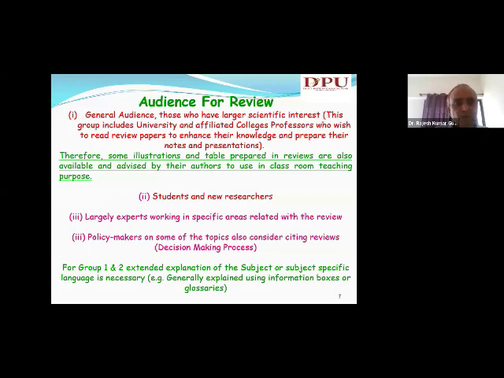Normally, for groups 1 and 2, extended explanation of the subject or subject-specific language is necessary. Generally, it is explained in information boxes and glossaries. Some journals, like Current Opinion journals, take the most recent papers of the last 2-3 years, and the most important research papers they discuss in their reviews are marked with 1 star, 2 stars, or 3 stars.